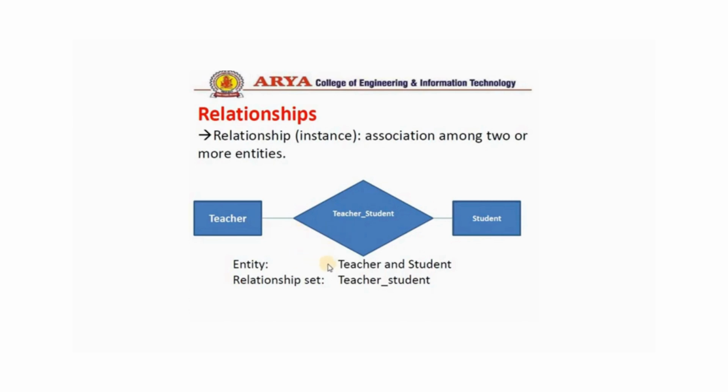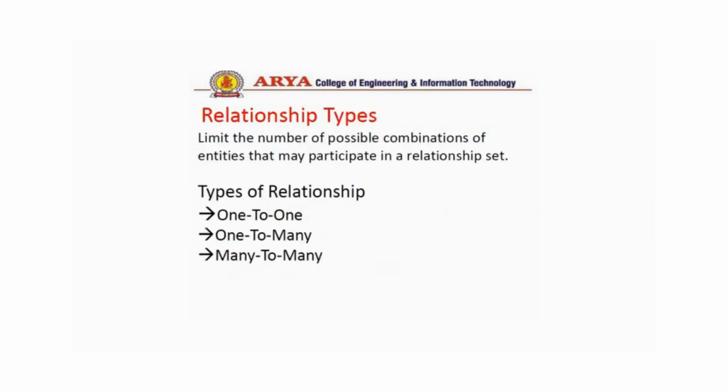Like in this example, teacher and student are the entities. The name of the relationship set is teacher underscore student. It should be defined by the user.